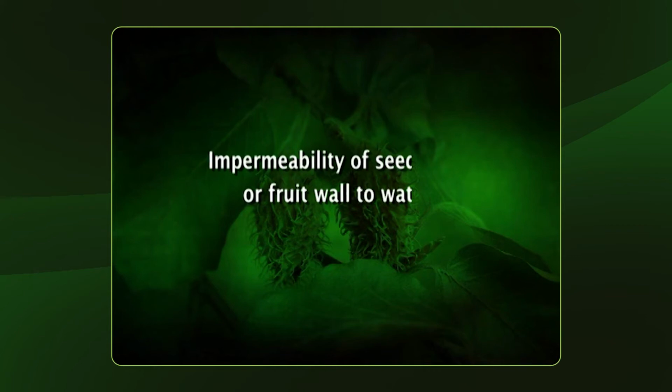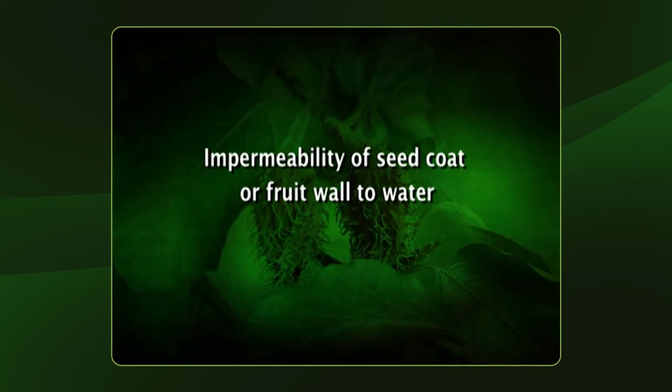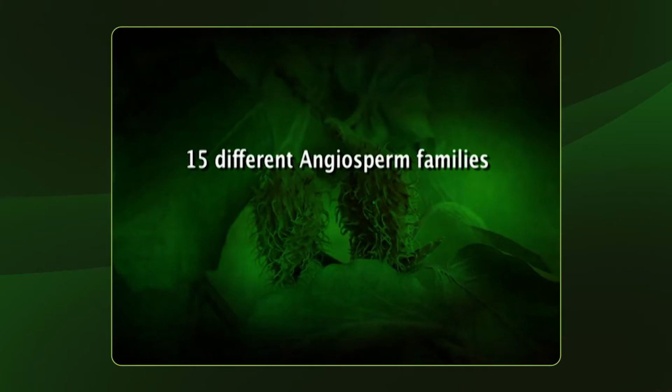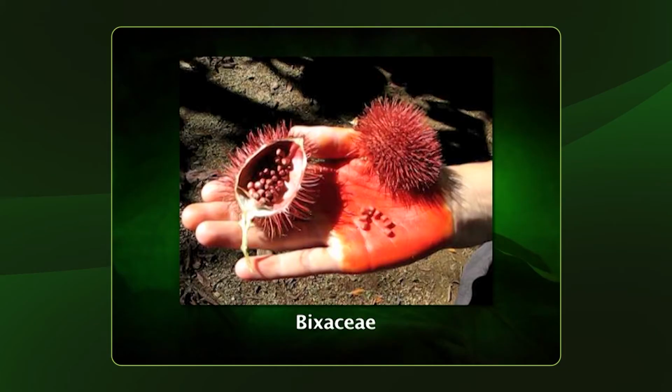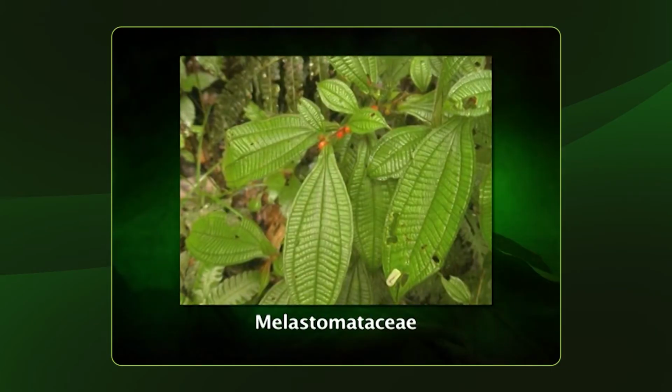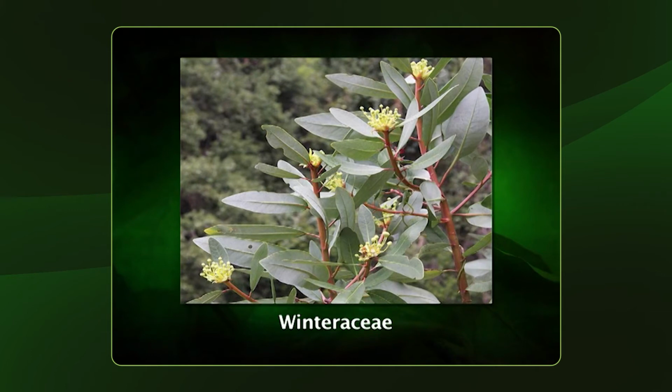Physical dormancy arises due to impermeability of seed coat or fruit wall to water. Physical dormancy has been reported for at least 15 different angiosperm families. It also occurs in several members of the families like Bixaceae, Melastomataceae and Winteraceae.